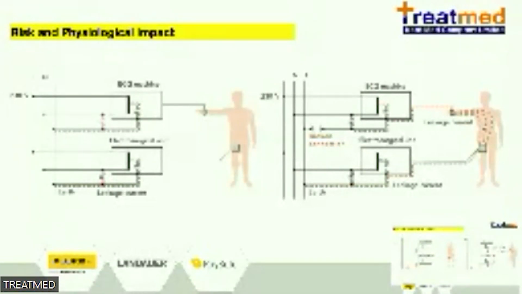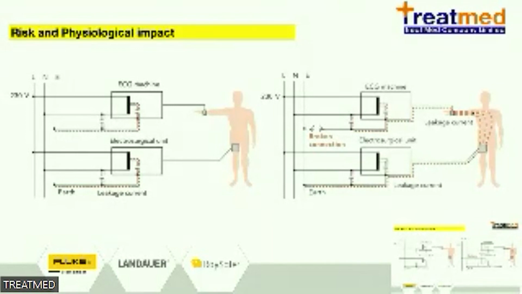And when we use the ESU, which is a complete system attached to the patient, the current is on the human. It goes to the applied part of the ESU and then to the ground of the building.